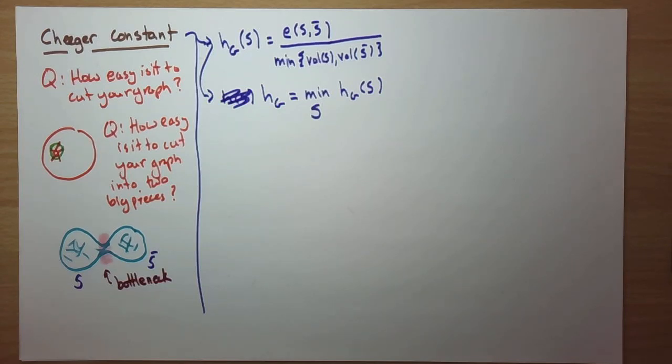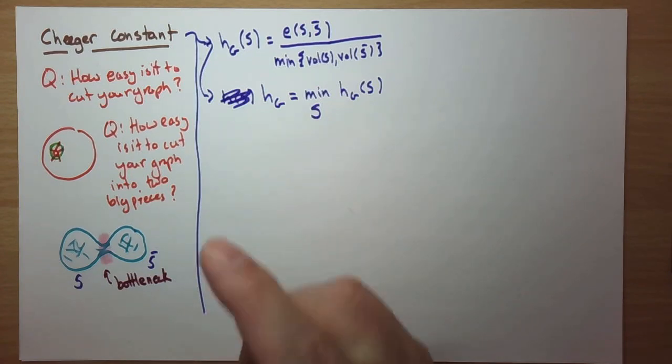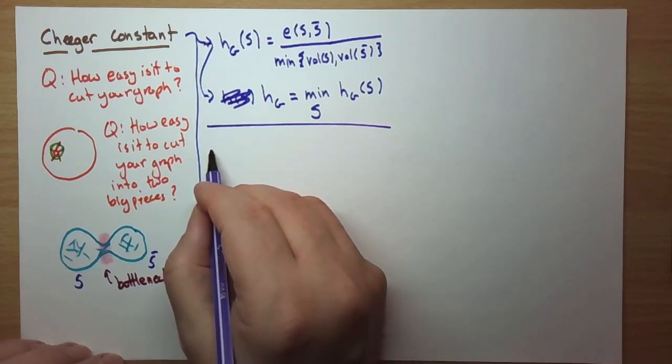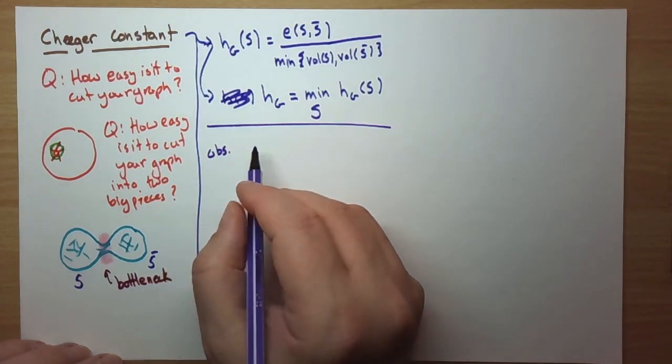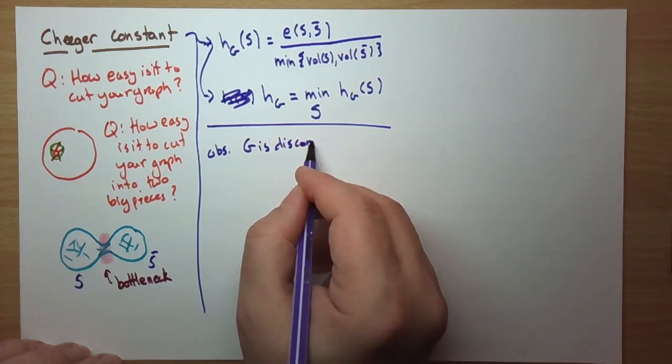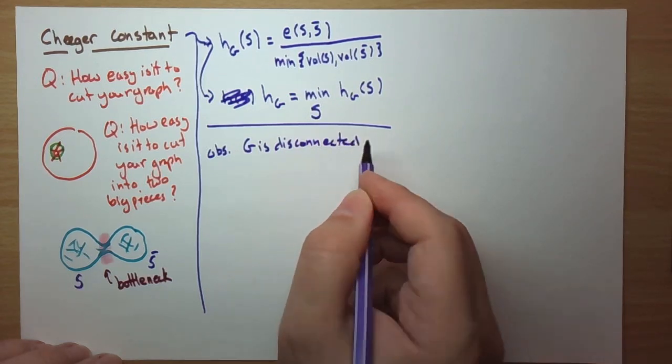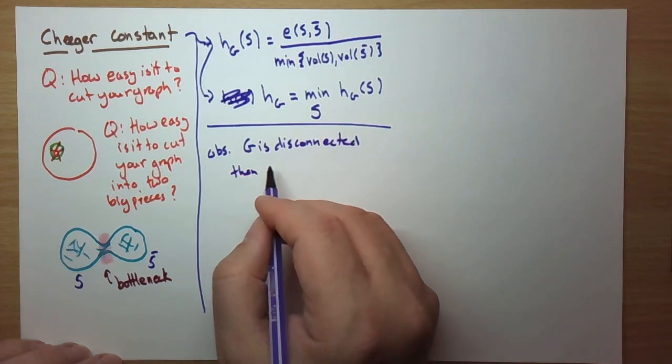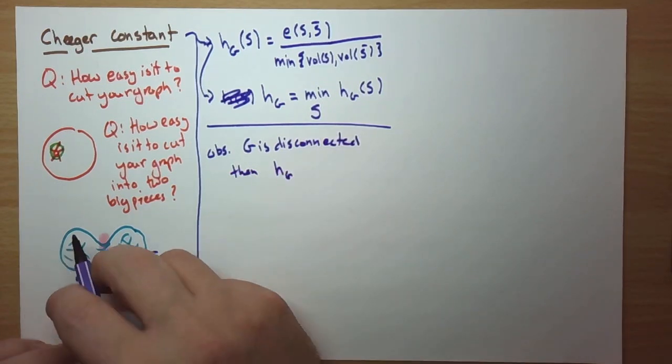Okay, well, what can we say? Observation: if G is disconnected, in other words, more than one component, then what's true about h sub G?